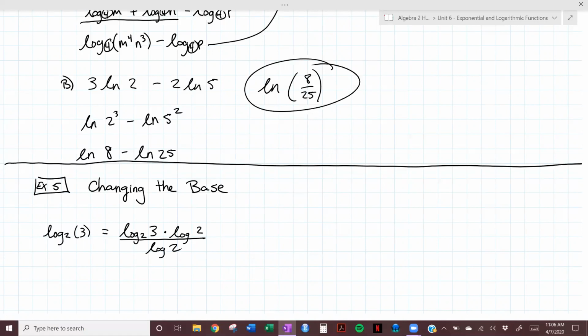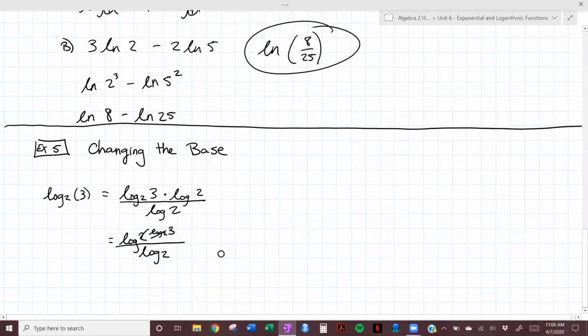So when you do this, we have the power property of logarithms. So this is log of 2 to the log base 2 of 3 divided by the log of 2. So my 2 and the log of 2 cancel out.